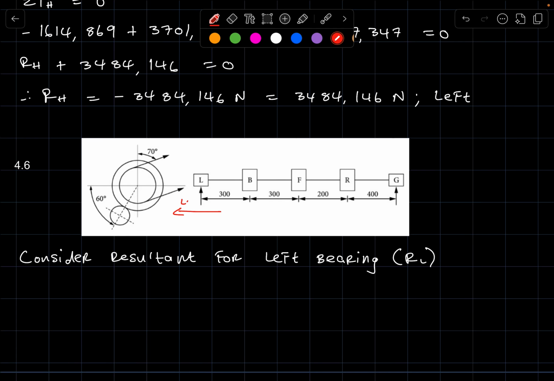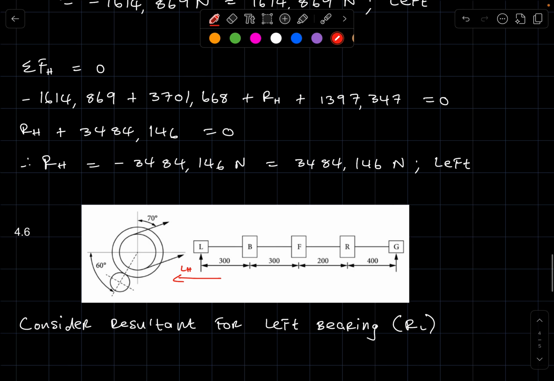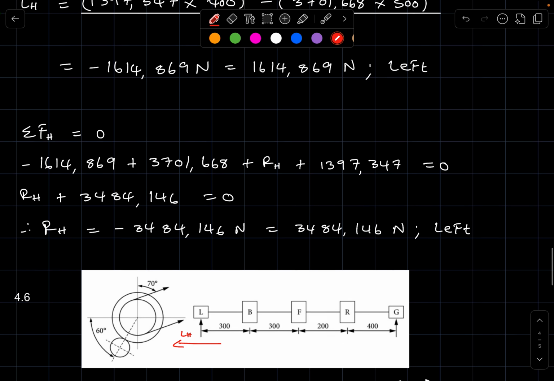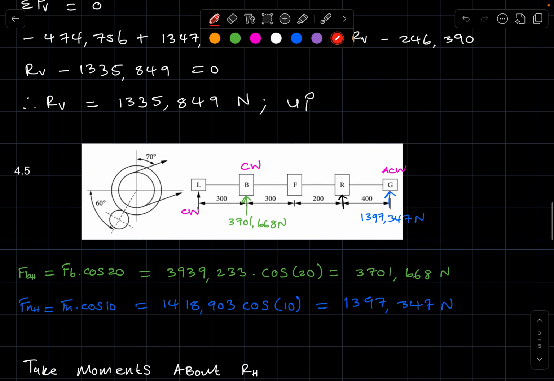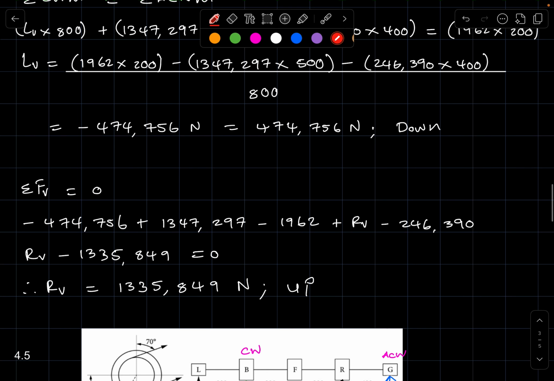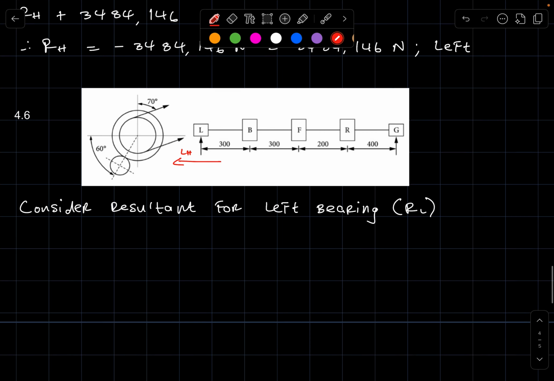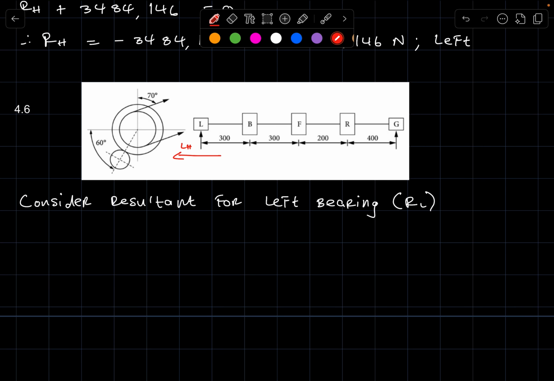This here is LH. And then you look at LV. Go to LV. LV is heading downward. So something that looks like this, that's LV. Which means the resultant reaction on the left hand bearing is acting somewhere there. This is RL.